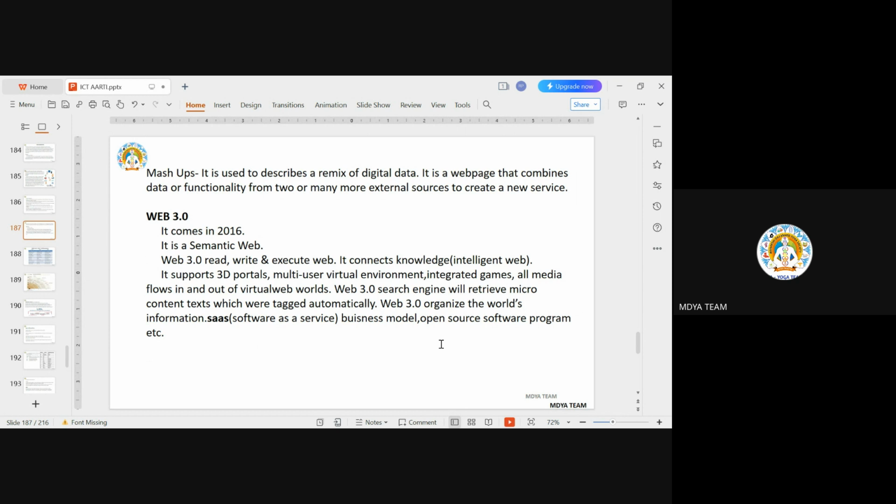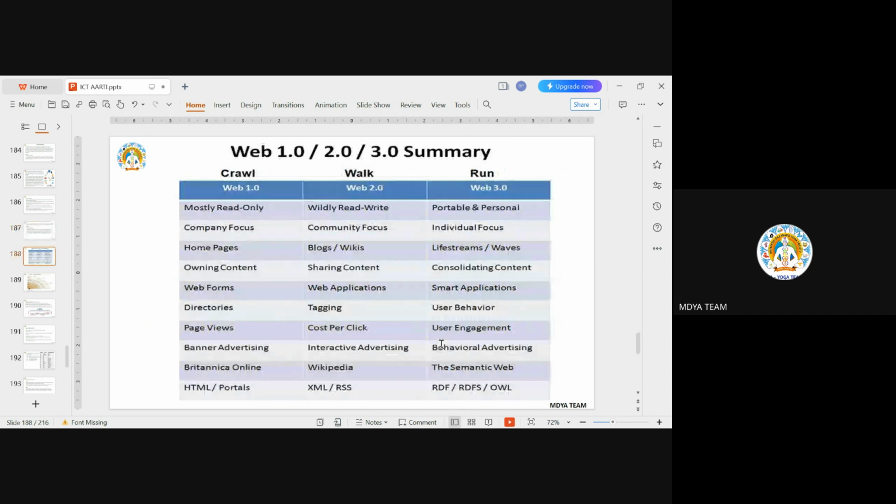So it is very useful for us, but it can also be harmful. How is it harmful? Hackers can also use this source code to make their own operating system or software to hack other sites. So this web is good for us, but also somewhere harmful. That's why the next generation comes.